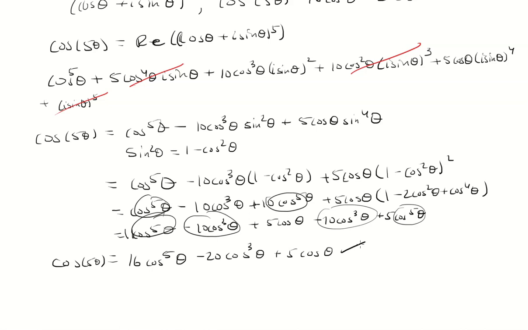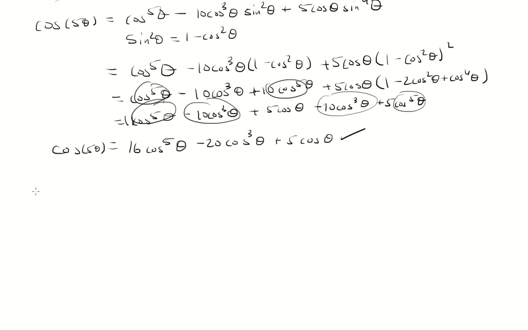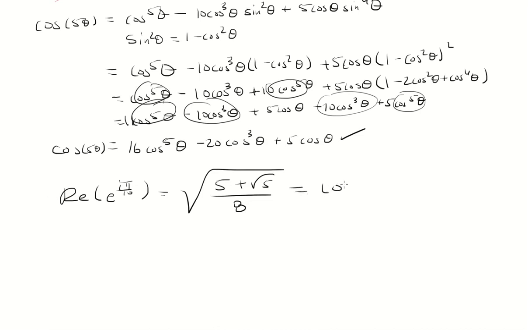So then in part 2, we want to show that the real part of e to the i pi over 10 is equal to the square root of (5 plus square root of 5) over 8. For this, we know that the real part is equal to cosine of pi over 10.